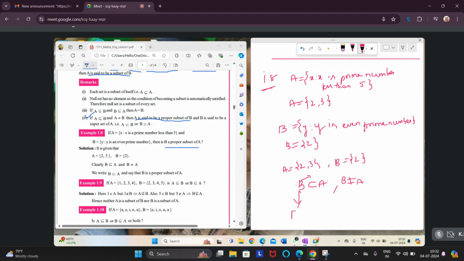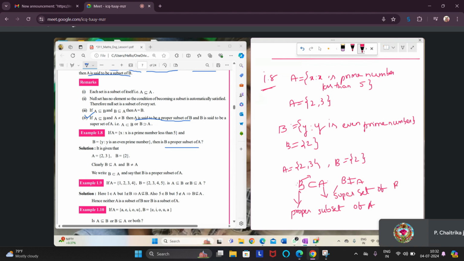This is called a proper subset of దేనికి a అనే సెట్ కి, and this is a superset of b. Superset of b. So you know the difference between these two words? Superset, not super subset. It's a superset. This is a subset.